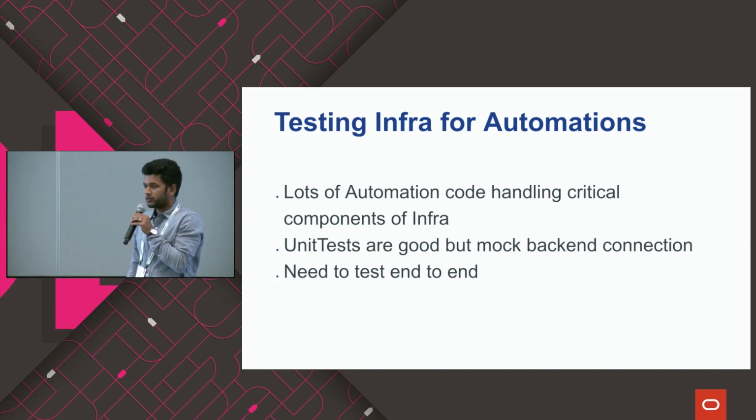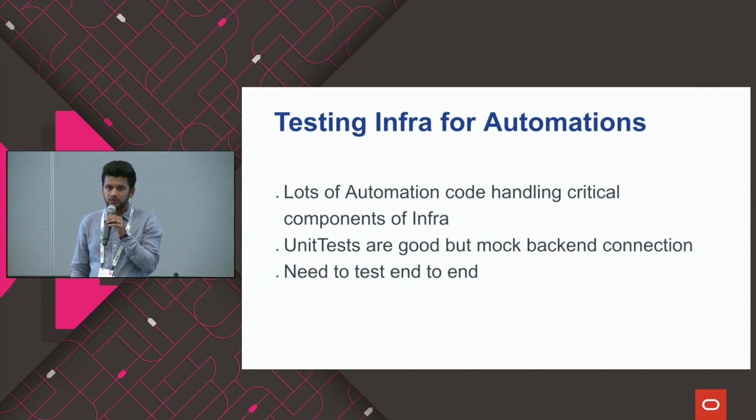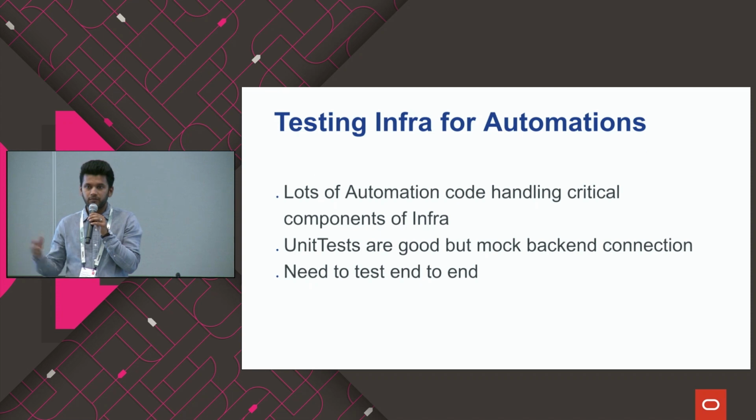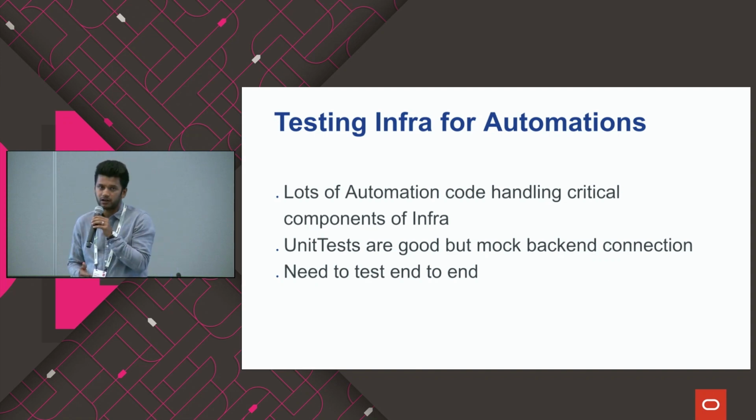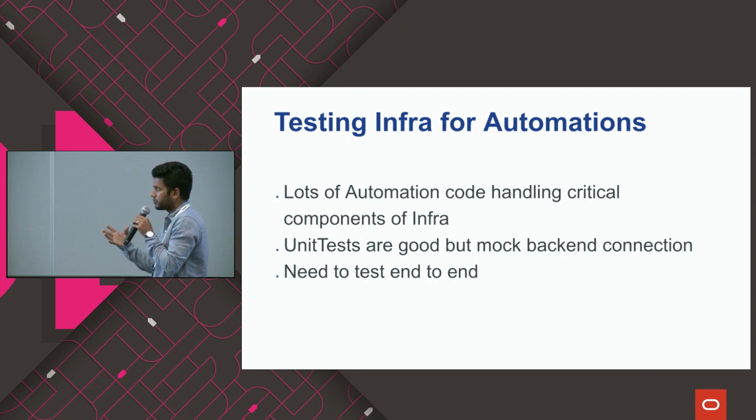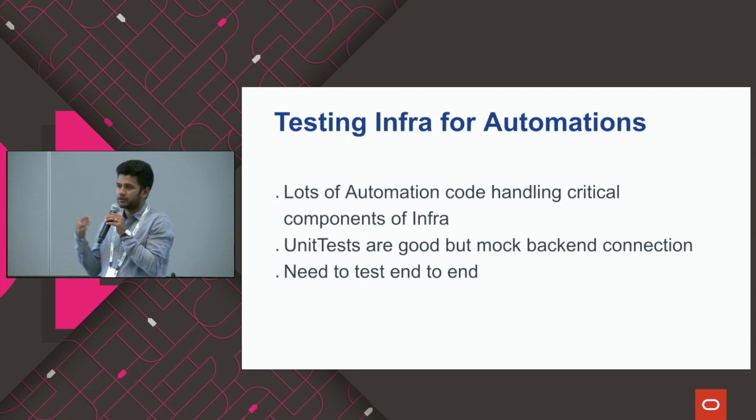And all of these components manage very critical pieces of our infrastructure. So if copies don't work well, we may have a backlog of broken instances in production. If we don't do balancing properly, we may be utilizing our hardware very poorly. So it is important that these automation tools work and have really high availability.